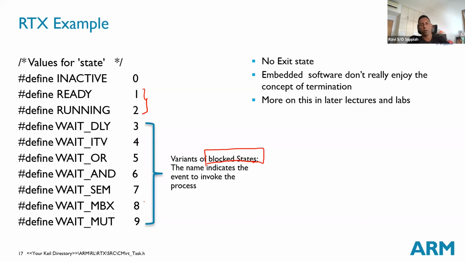That means I'm blocked or waiting because of a semaphore, a mailbox, a mutex, and so on. We don't need to worry about all of these. As long as we understand the concept of what is ready, what is running, and what is blocked, we can get the flow correct.